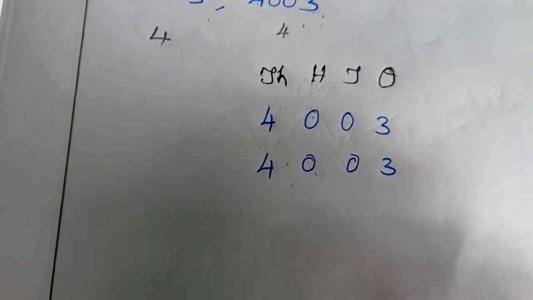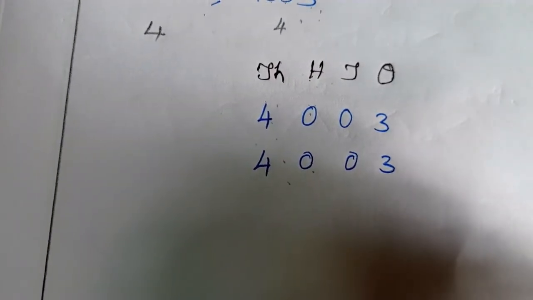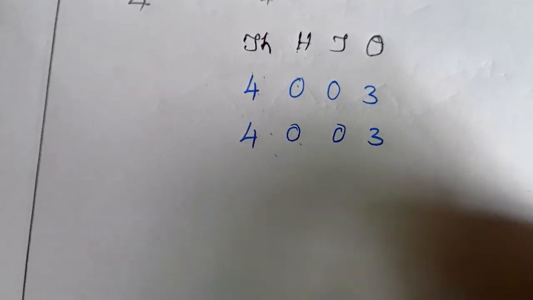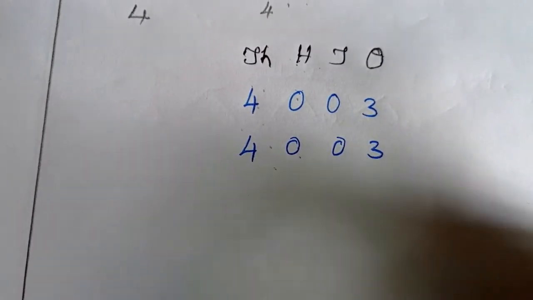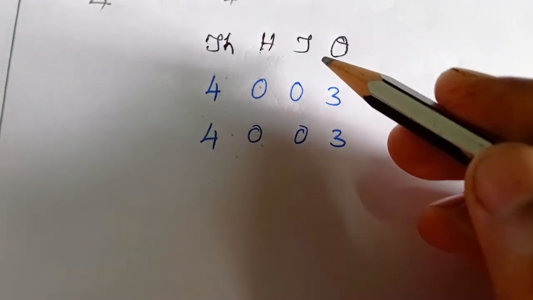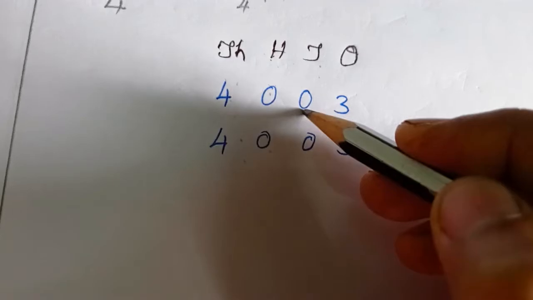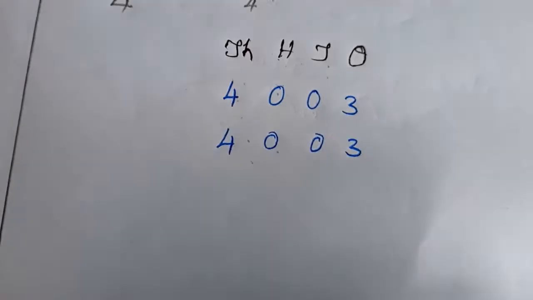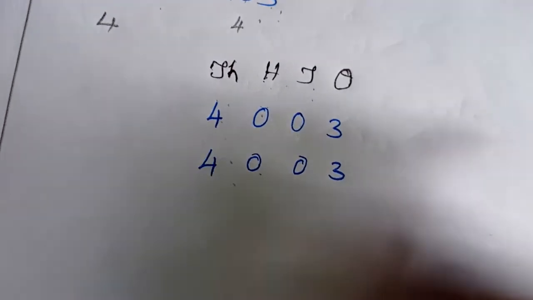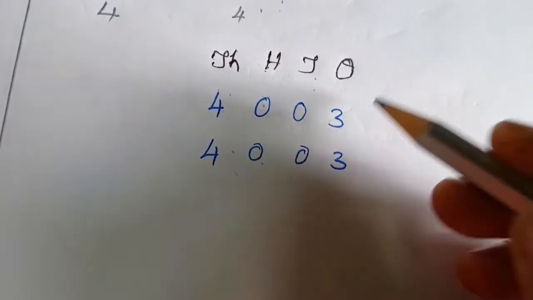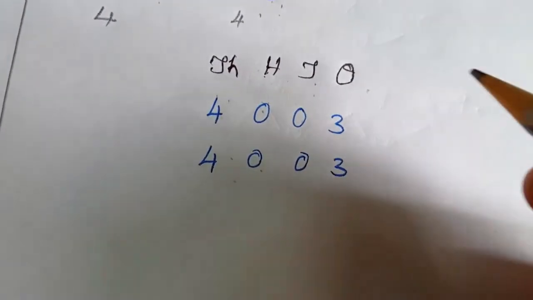If both are same, again you go to the next highest place value. Here the next highest place is tens. The tens place value for the first number is 0 and for the second number is also 0. So if the tens place values are same, again you check the next highest place value, that is ones.